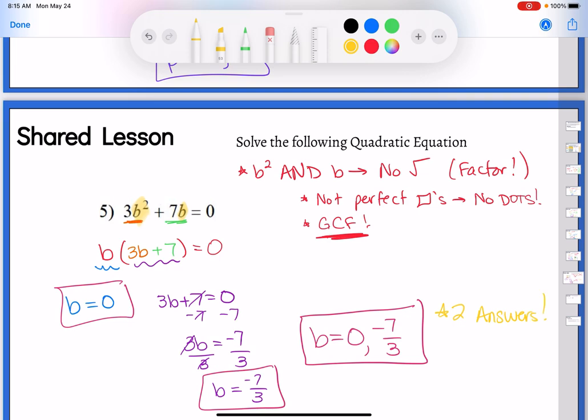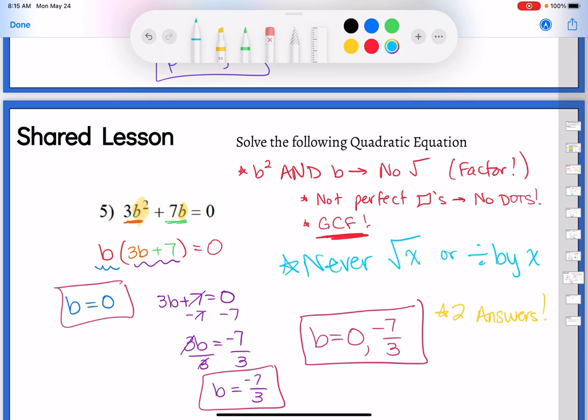Now here's the thing. When people see this problem, many times people want to square root b. Never take the square root of x, or in this case, the square root of b, and never divide by x, or in this case b.